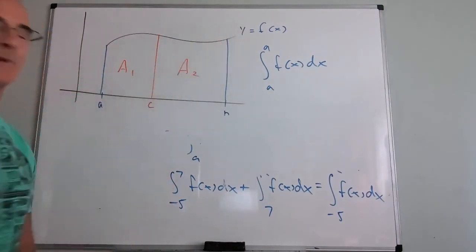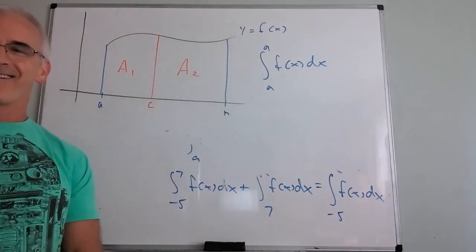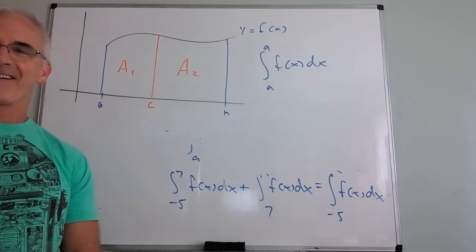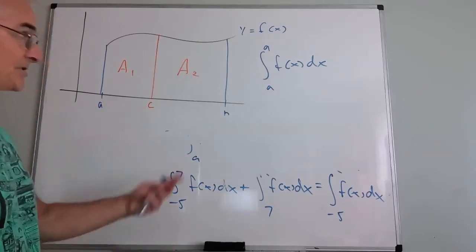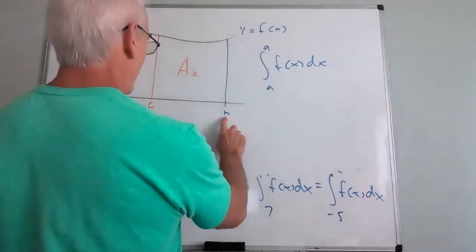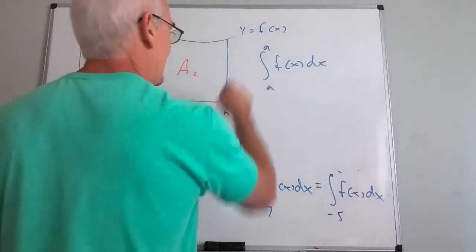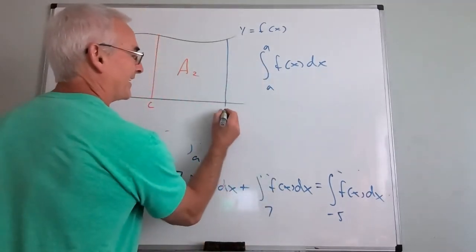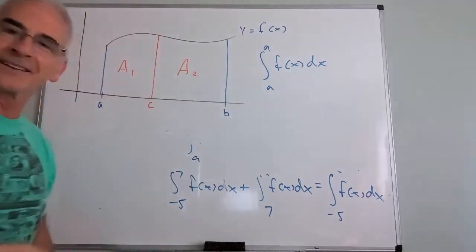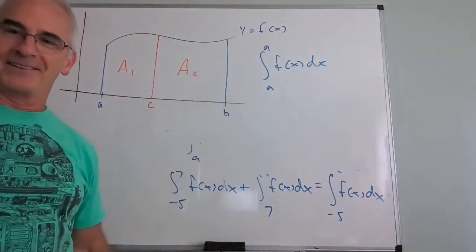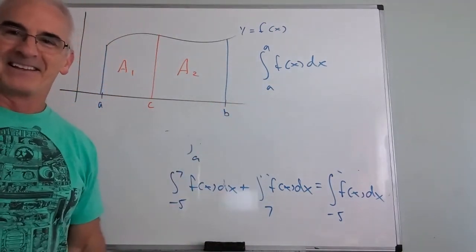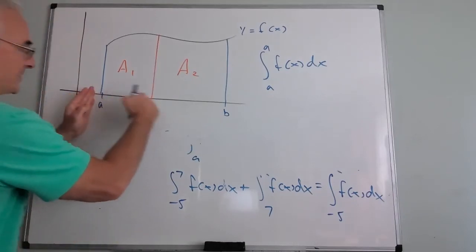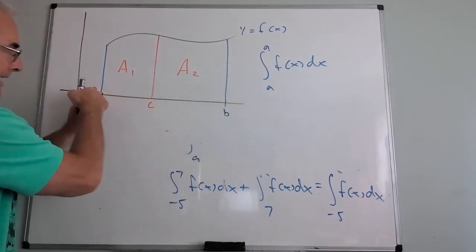Same f of x, I'm going from a to a. Is that just one regular integral? So same thing we just did, except before I said A to B. Now I'm saying a to a. So you might want to try to tell me, can I do anything with that? A to C, A to B, I want you to go A to A.